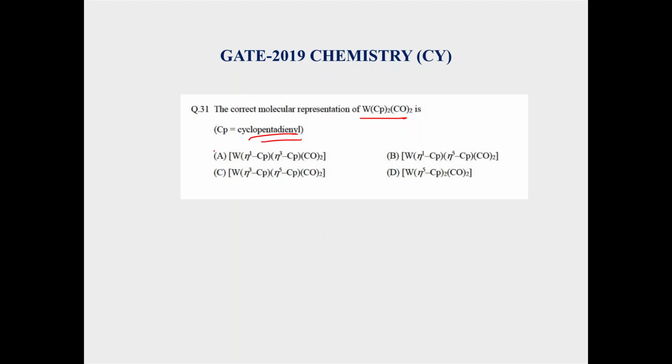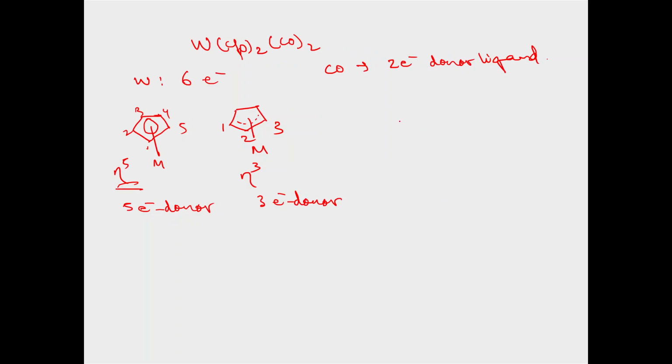So let's start with option A. Here tungsten is there, with eta 1 Cp. This ligand can also coordinate in an eta 1 fashion, coordinating with just one of the carbon atoms.